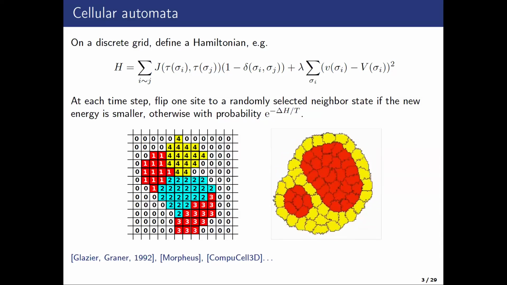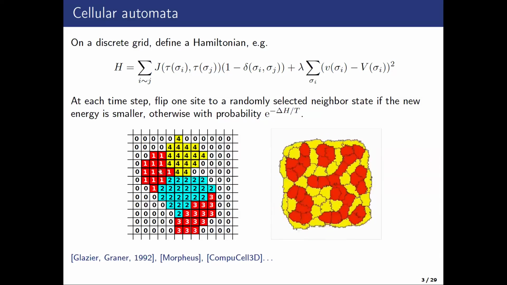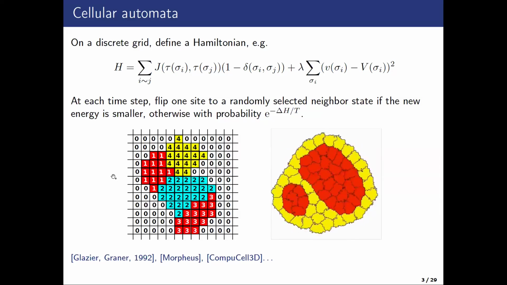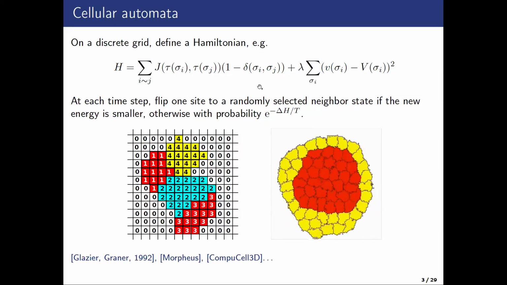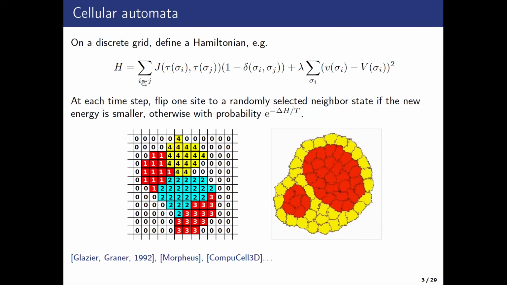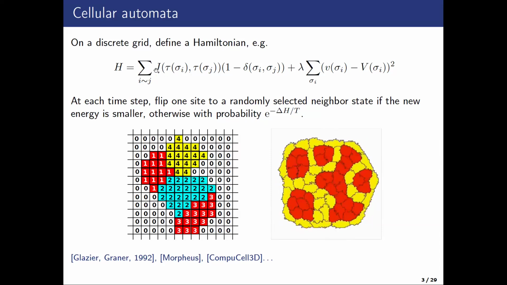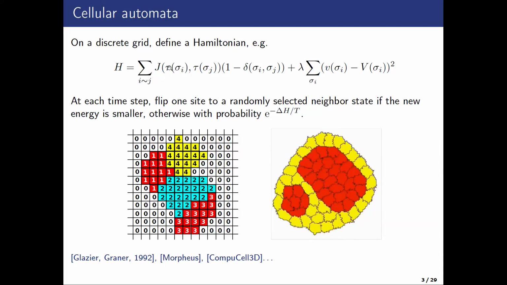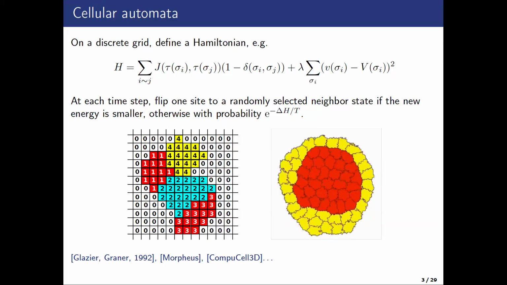And then you want to switch and say, maybe this cell will expand in that direction or in the other direction. So for that, you define some Hamiltonian, just an energy. The typical energy is that for all neighboring cell grids, you define some interaction potential J that can model anything you want. It can be just cell-cell adhesion typically.